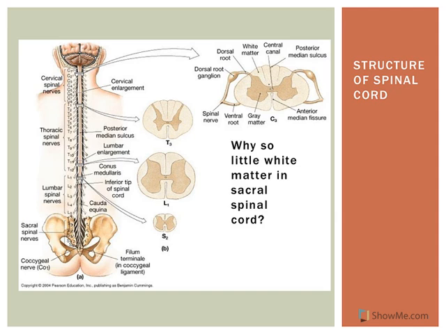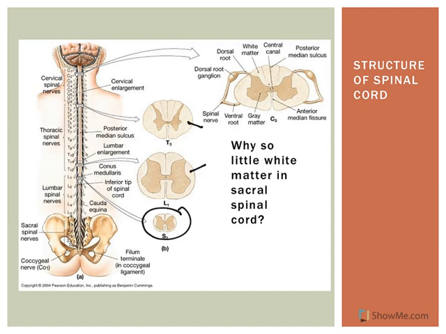Also, I want to mention something before I show you something else. When you look at a cross section of the spinal cord, you'll see differences in the amount of white matter and gray matter. If you look down here in the sacral spinal cord, you don't see a lot of white matter. Why is there so little white matter?